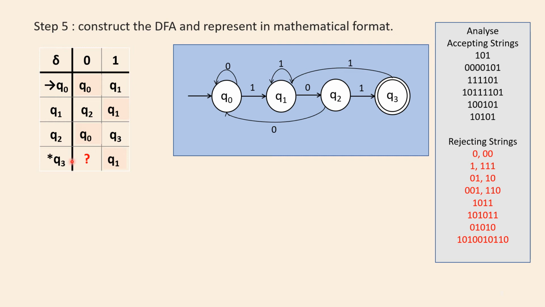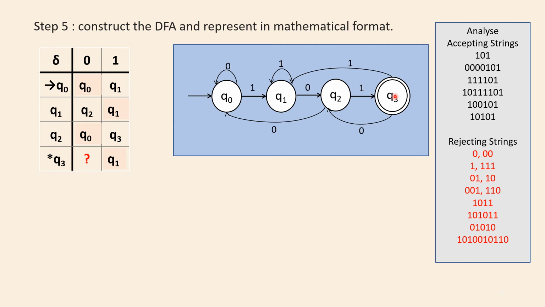Now here we have, if I have Q3 on input 0. So if I have 101 and then if I have 0, I am giving it to Q2, which means if I have 10101, it is supposed to be accepted. So from Q3 I am giving 0 to Q2 and again 1 gets accepted.